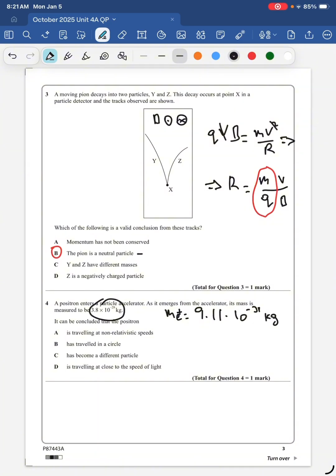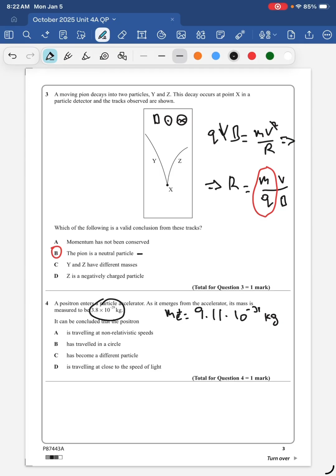So what happened is it's probably traveling at relativistic speeds, therefore it acquires mass, or it appears to be heavier, which is the proper way to describe it, because relativistic mass is a very old term used in old school physics. So let's look at the options. A is wrong.